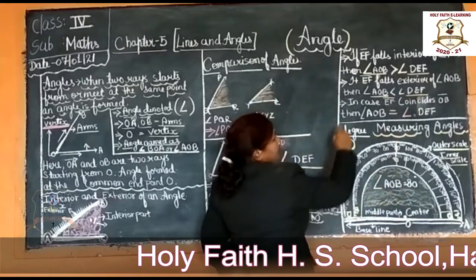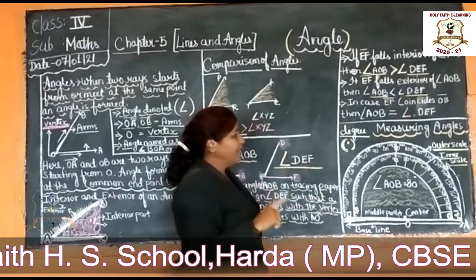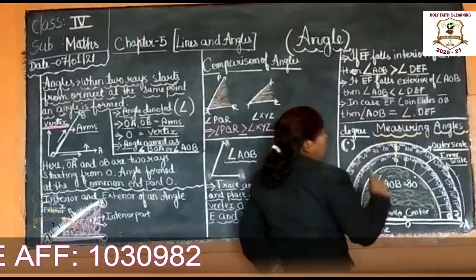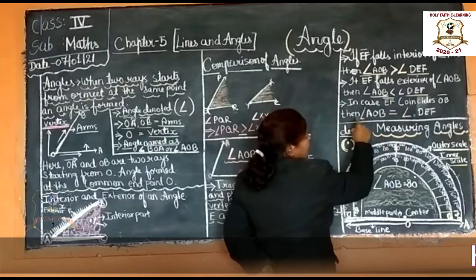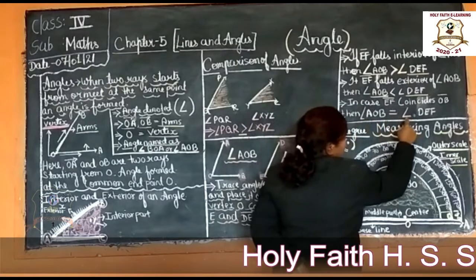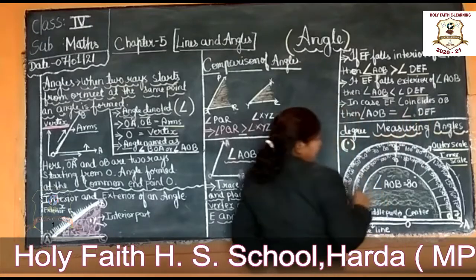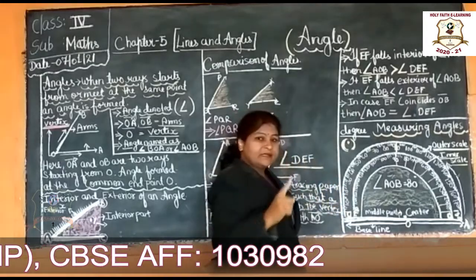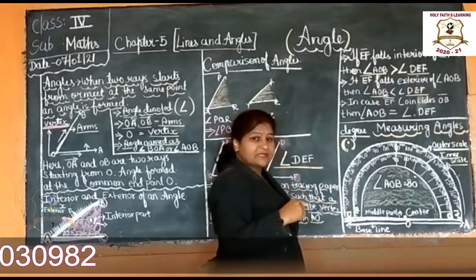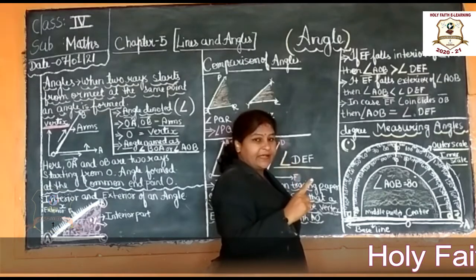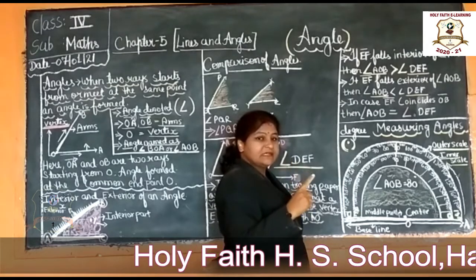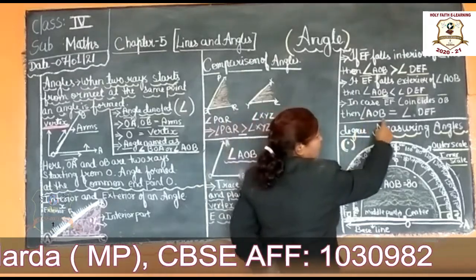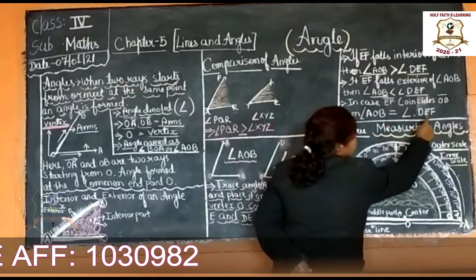In case ray EF coincides with ray OB, exactly the same when we trace and place it, then angle AOB is equal to angle DEF.